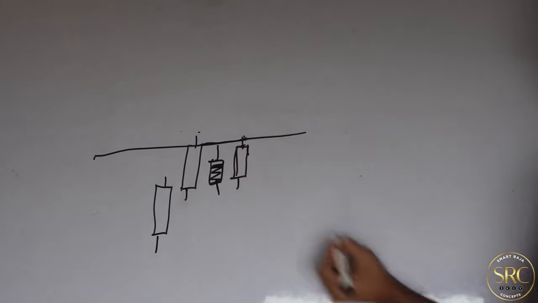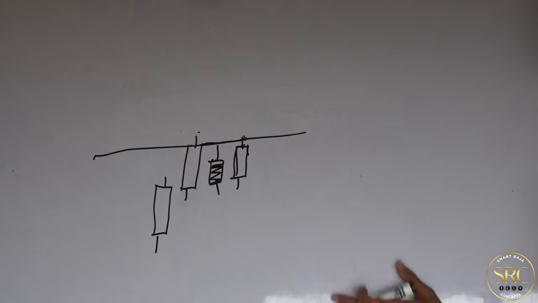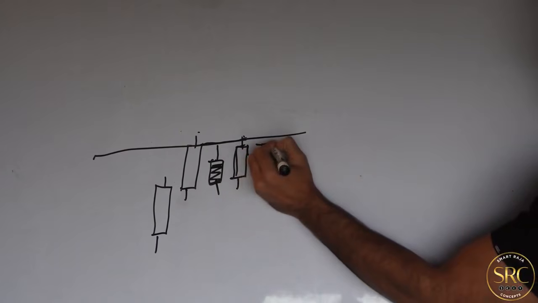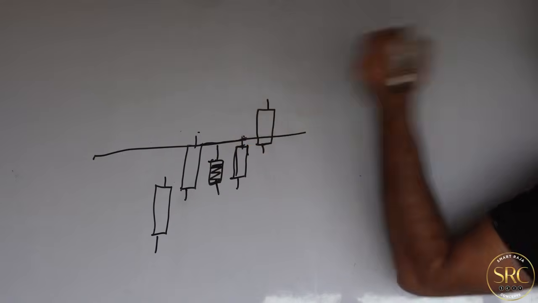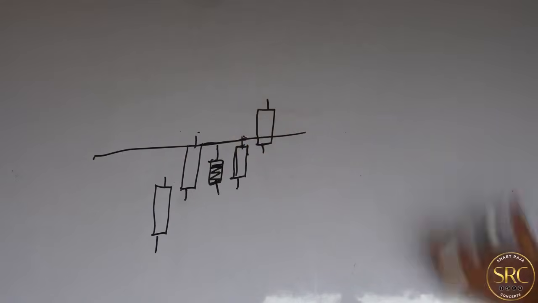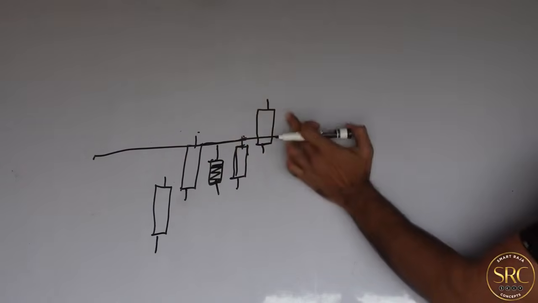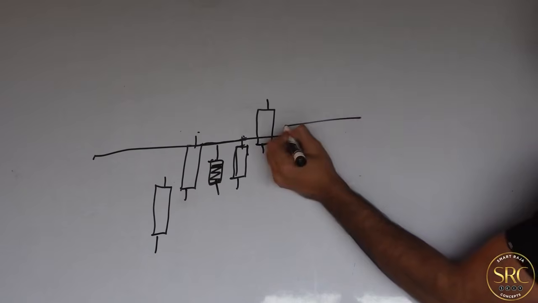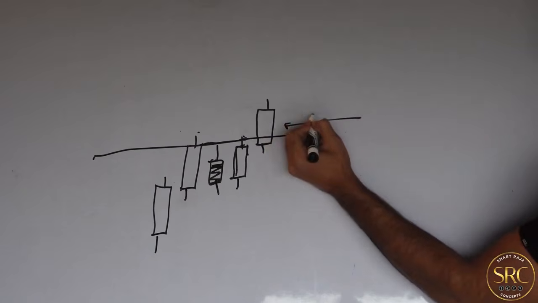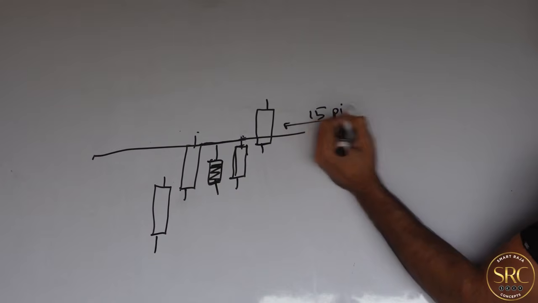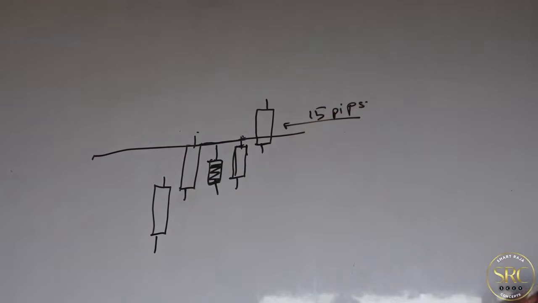Now, normally, what I would wait for, let's say you have a candle that closes bullish, right? Now, the size of this candle matters. Let's say the size of this candle is 15 pips.